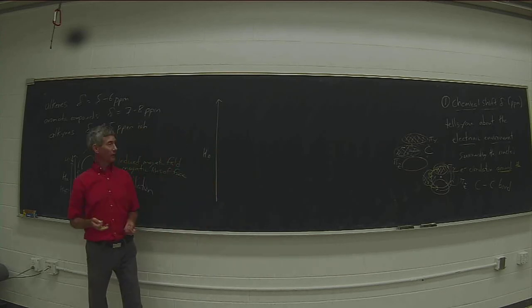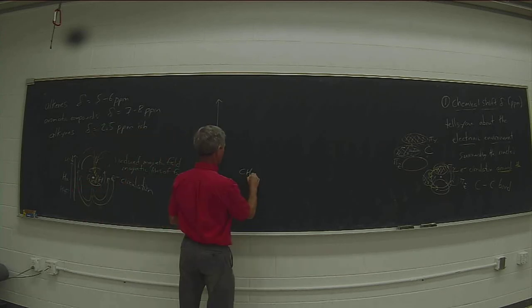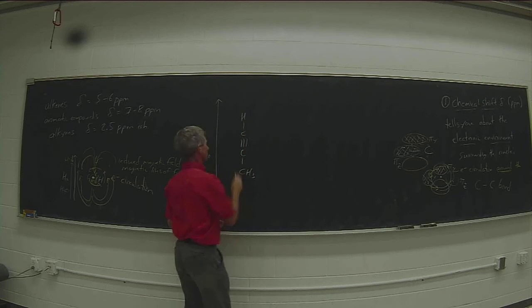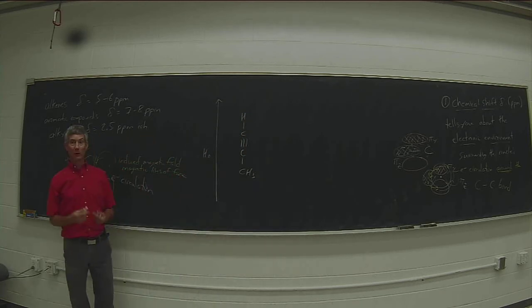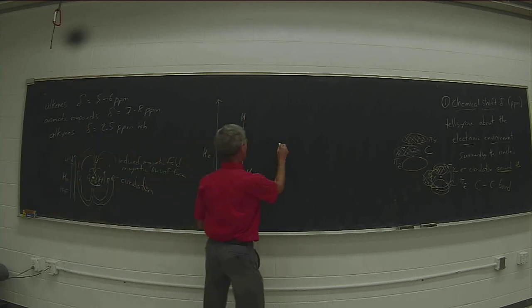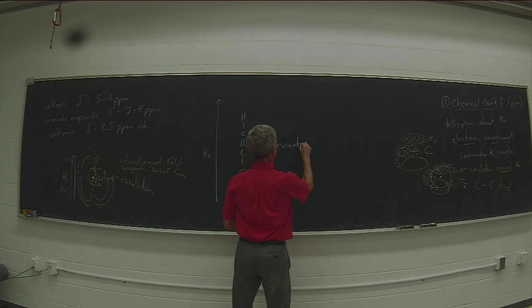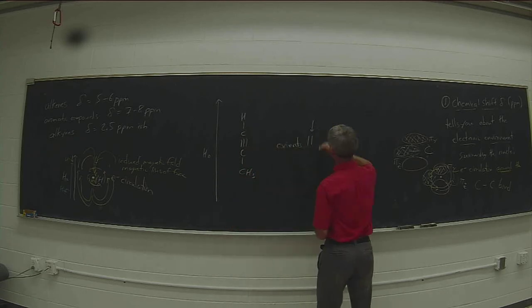That causes the alkyne to orient itself not perpendicular to the applied field, but parallel to the applied field. And that little double line is the mathematical symbol for parallel.